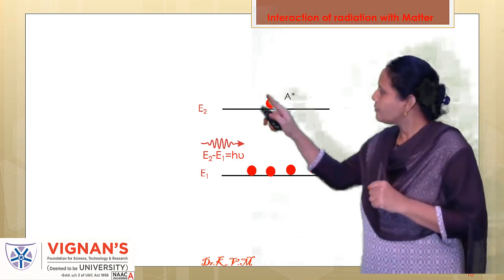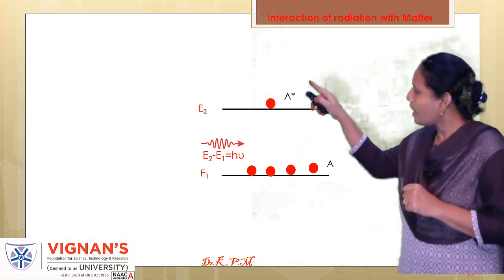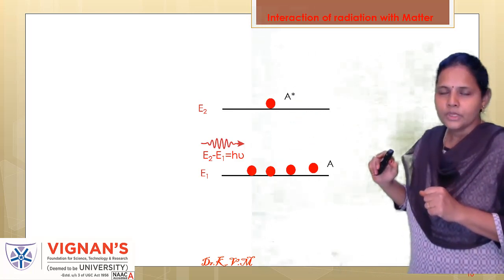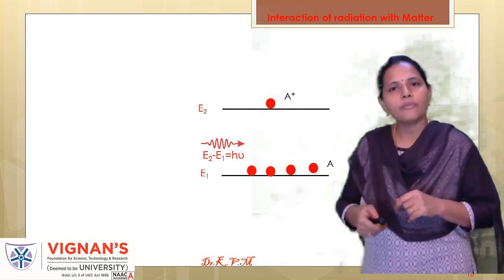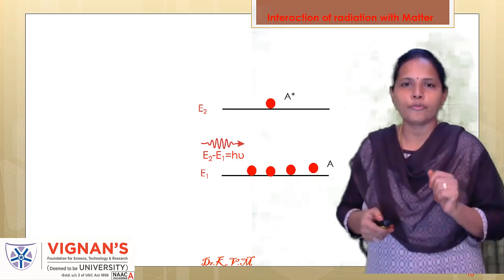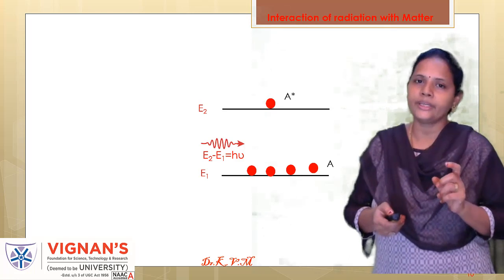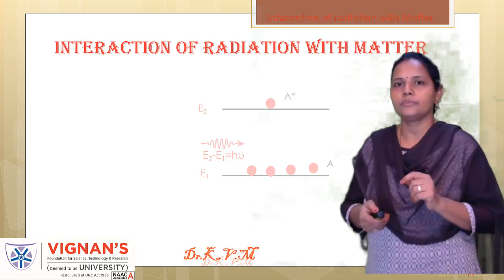What happens if this radiation interacts with the material or matter? One can expect three different kinds of processes when considering the interaction of radiation with matter.